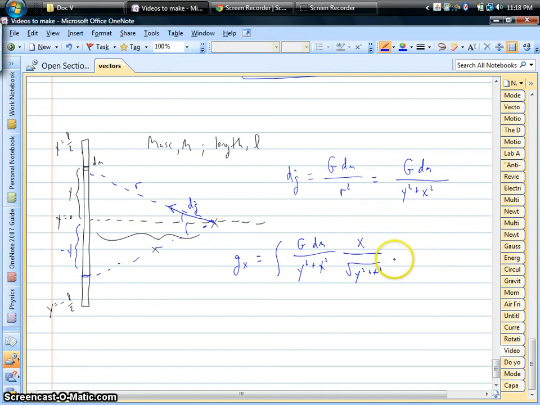So we can't evaluate this integral as is. What we need to do is to be able to stick in a dy in order to evaluate this integral. Now that's kind of weird because that means we have to write mass in terms of a distance. I'm going to use a little trick.